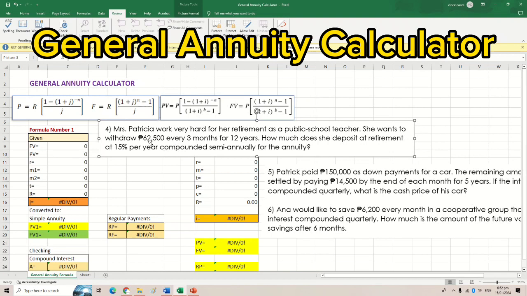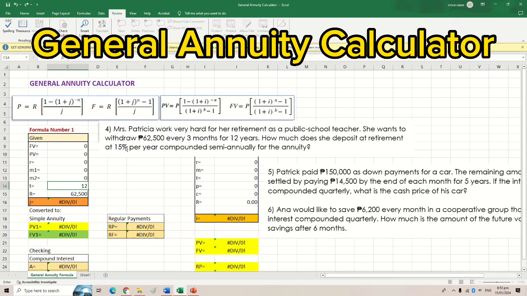Okay, let's key in the values in the given. The 62,500, that is the cash flow that she's going to receive in the future, so we'll write that here for R. She will receive this every 3 months for 12 years, so the time is 12, for the span of 12 years.